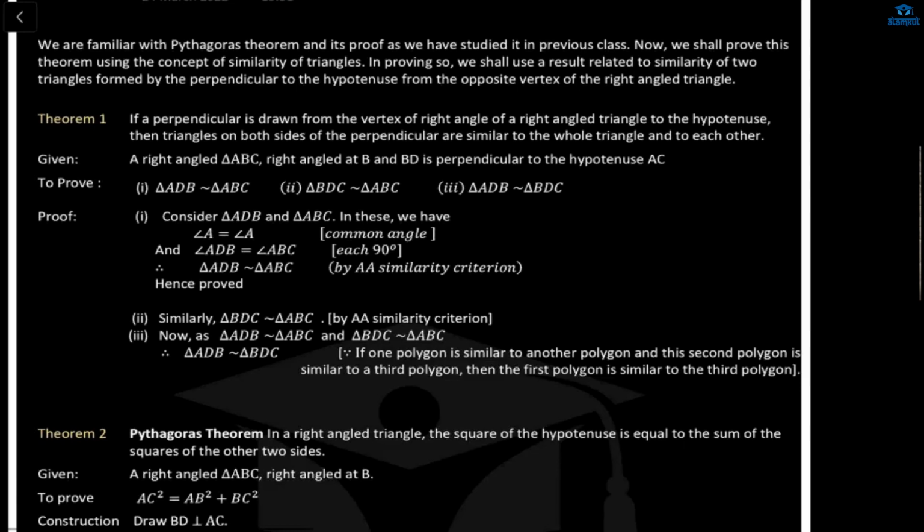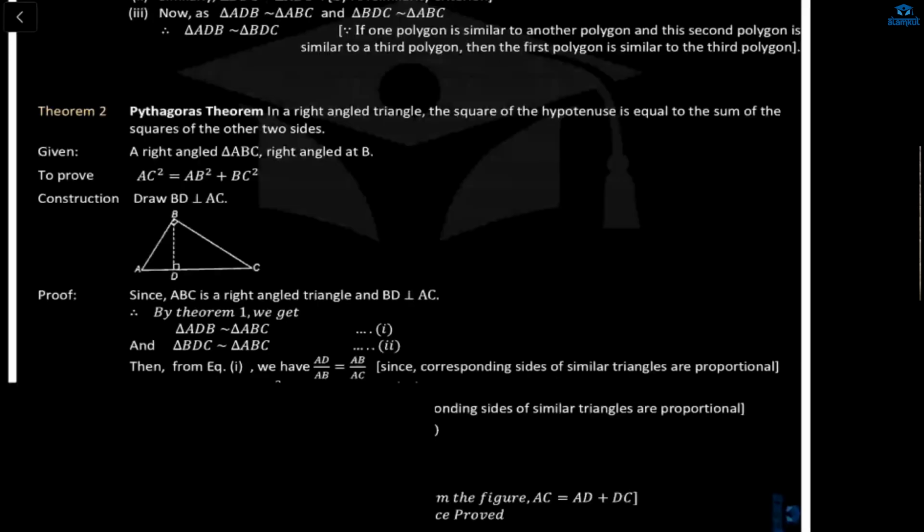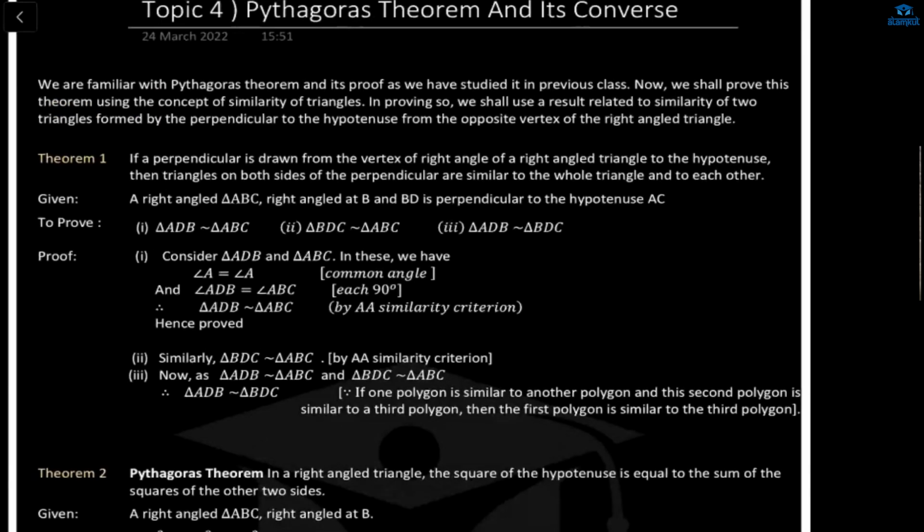Now let's start with theorem 1, that if a perpendicular is drawn from the vertex of a right angle triangle to the hypotenuse. Just a minute, the diagram is missing here, I think, from the notes.